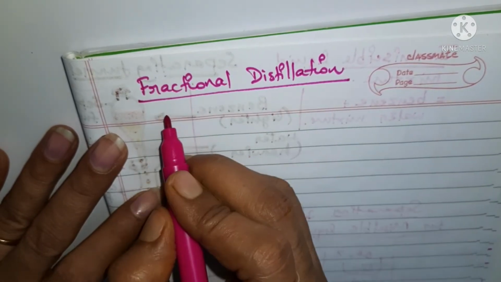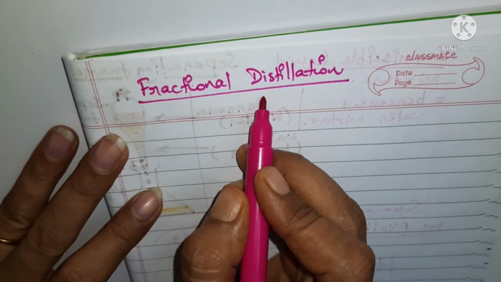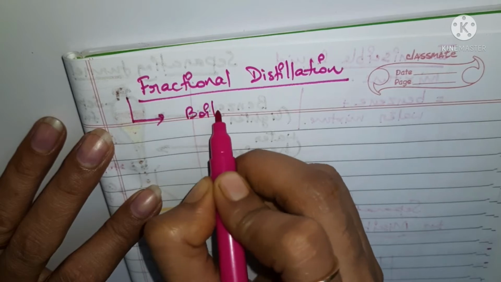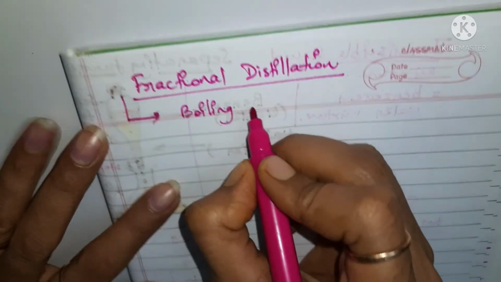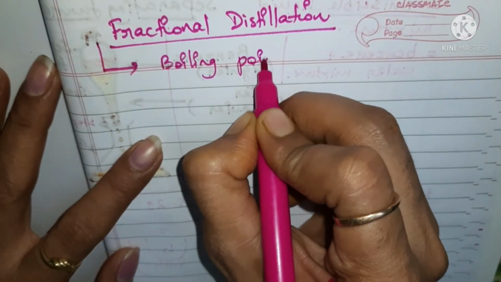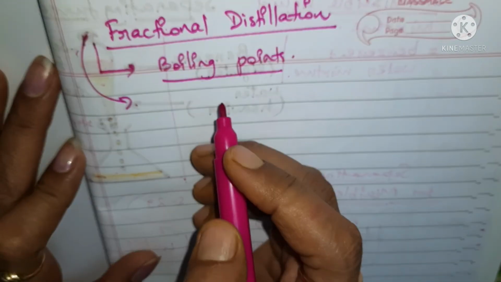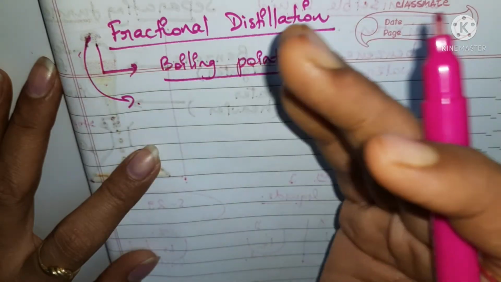Understood? Why is it known as fractional distillation? Because we are considering boiling points as the base factor here. And why is the name fractional? Because the process is in fractions.